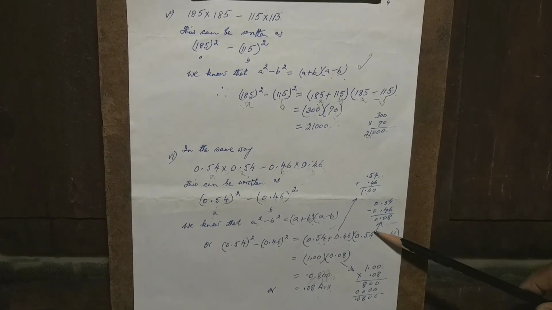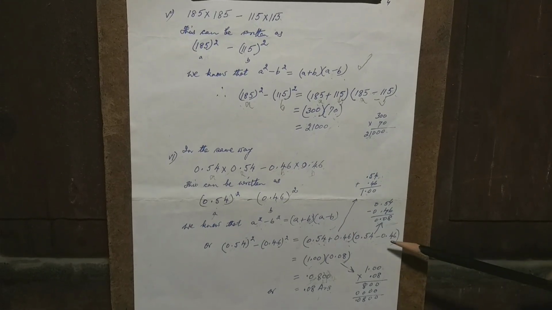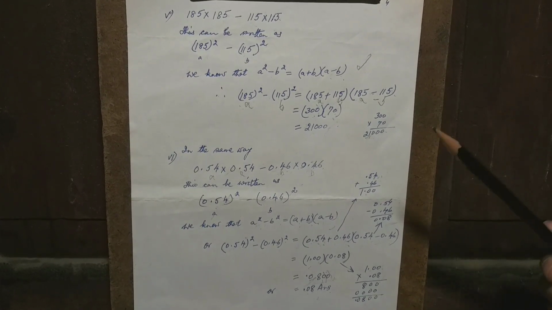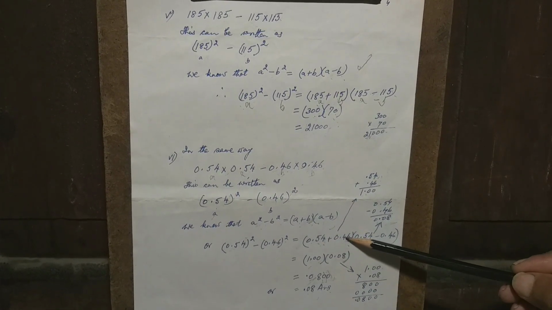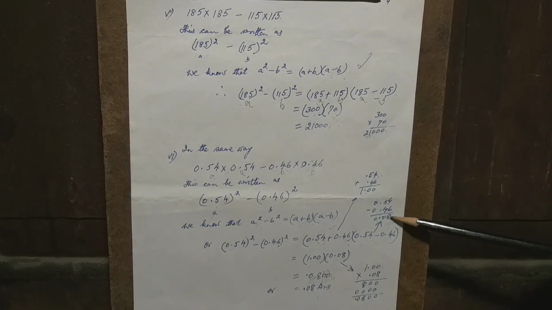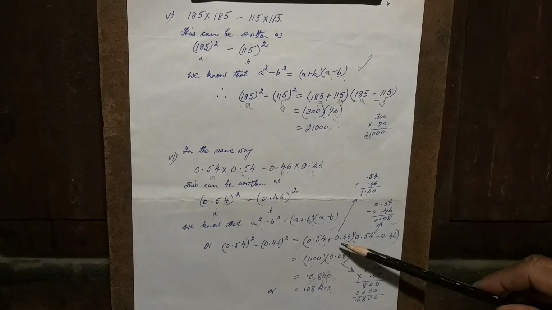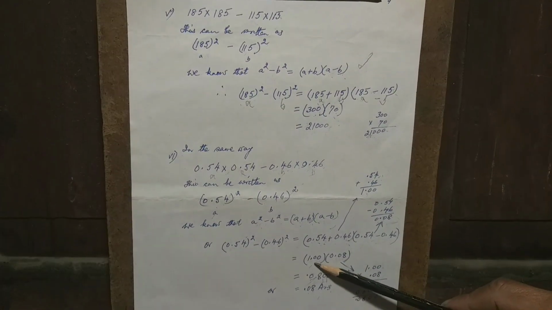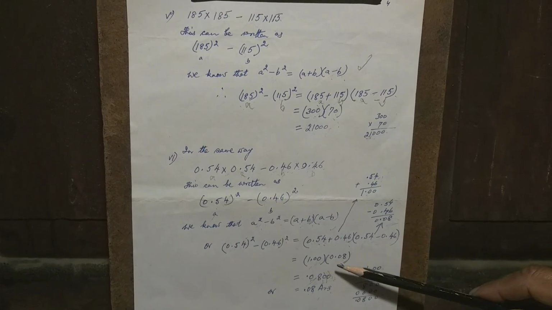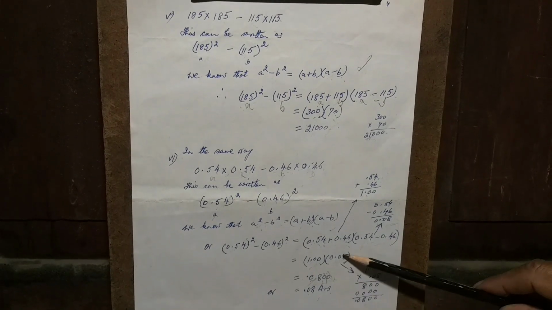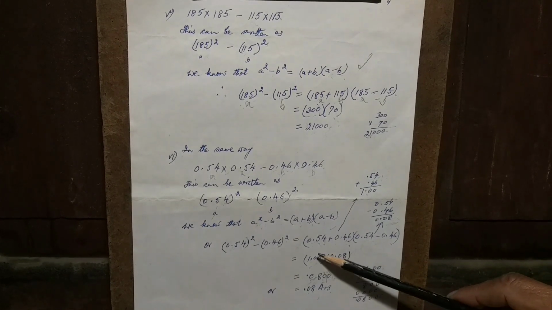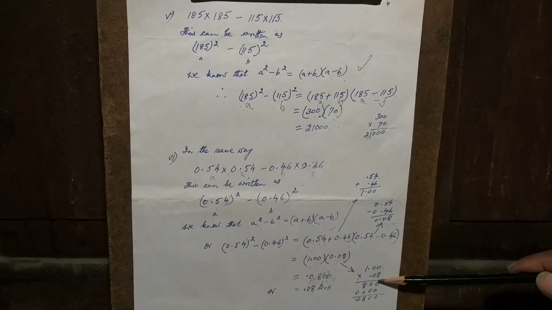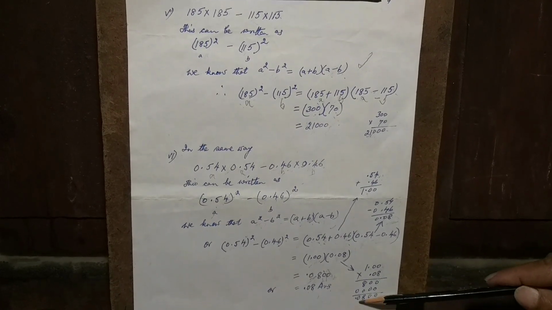A is 0.54 and b is 0.46, so minus 0.46. Now adding 0.54 plus 0.46 gives us 1. And we get 0.08. Now 1 is multiplied with 0.08. Multiplying 1 with 0.08, we get 0.08.